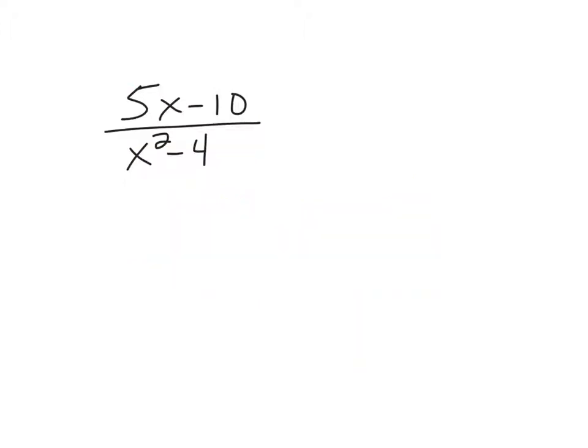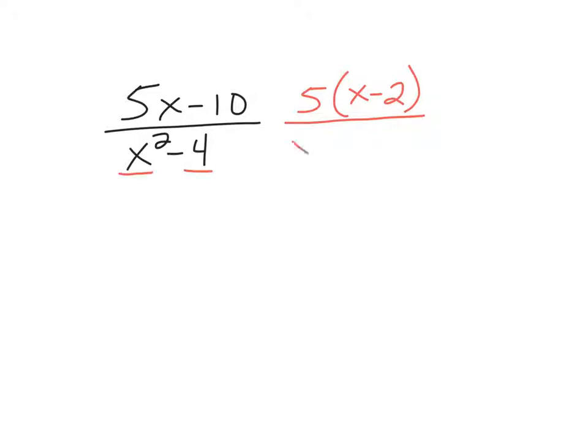As I mentioned at the beginning of this video, a lot of this is really review of Chapter 4. So I take a look at this, and the very top, 5x minus 10, I can factor out that 5, so I'm going to have x subtract 2. The bottom, x squared minus 4, it's important that you recognize that that is a difference of perfect squares.